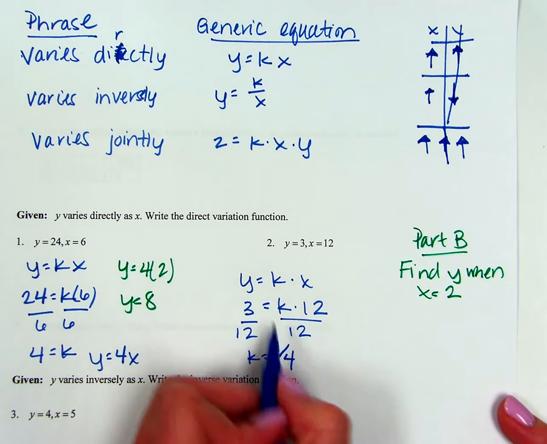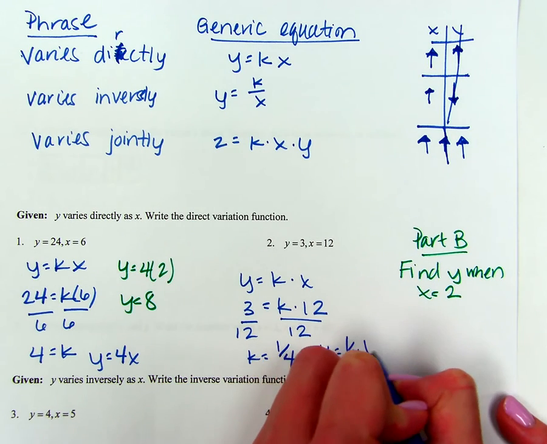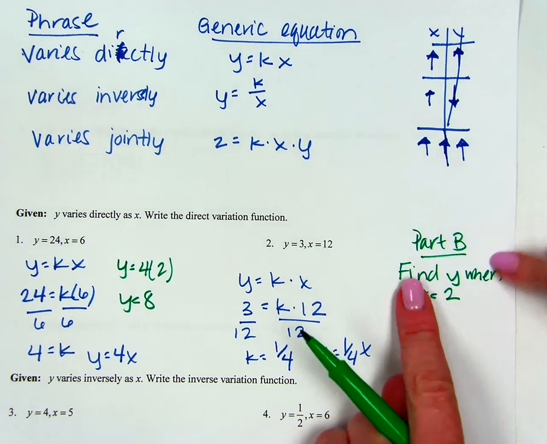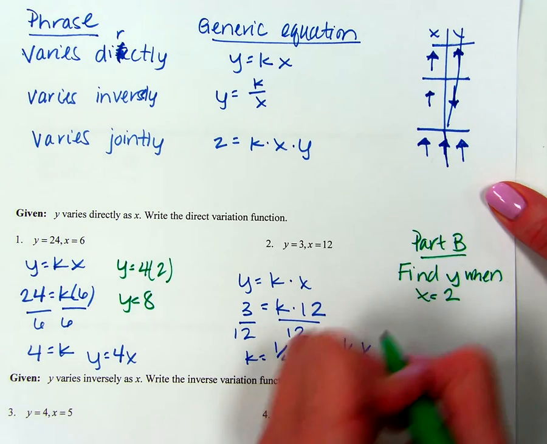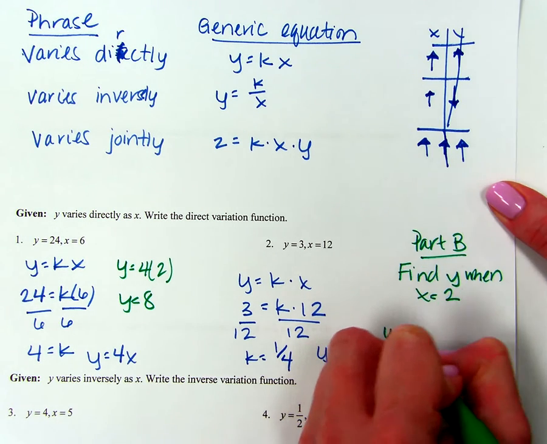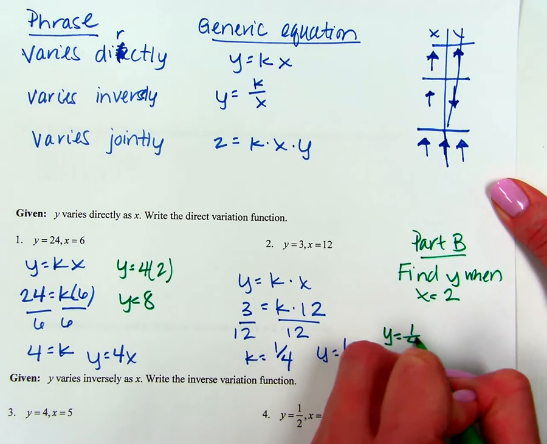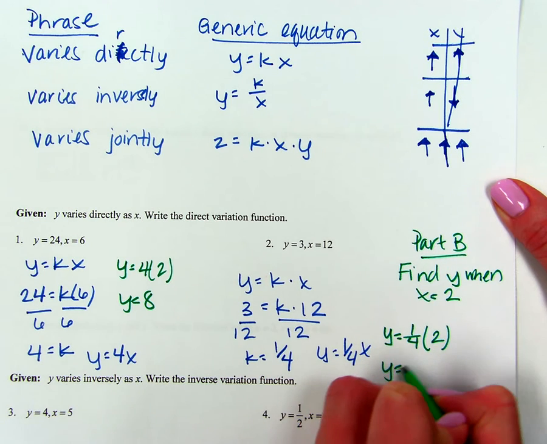So now we're going to take this, y equals 1/4 x, and move on to part B for this one as well. We're going to find y when x equals 2. So we'll do y equals 1/4 times 2. So y equals 1/2.